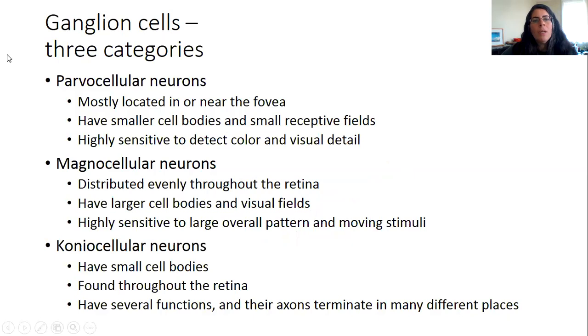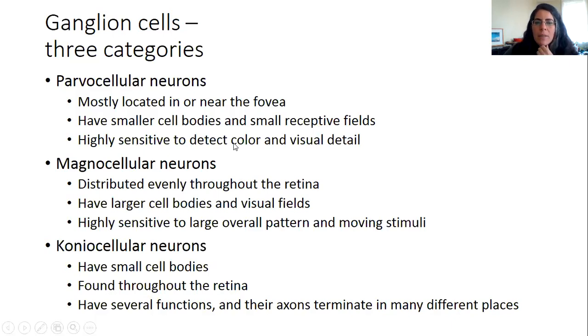Now the receptive fields of ganglion cells. Receptors, bipolar cells, and ganglion cells are in 3 categories. Parvocellular neurons, the cells that feed information to these ganglion cells, are mostly located in or near the fovea. They have smaller cell bodies and smaller receptive fields.